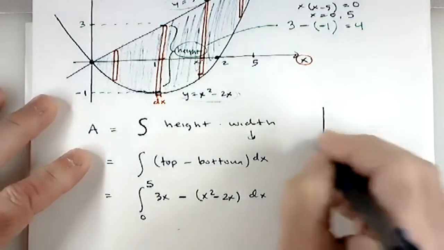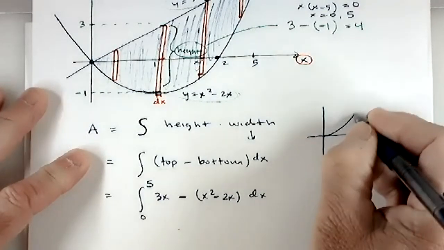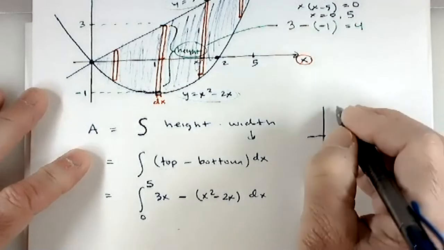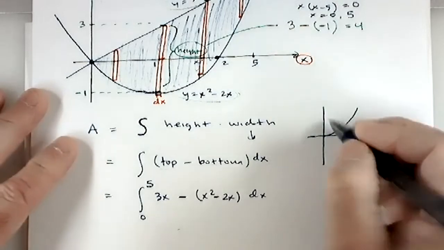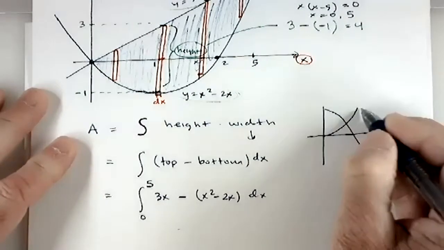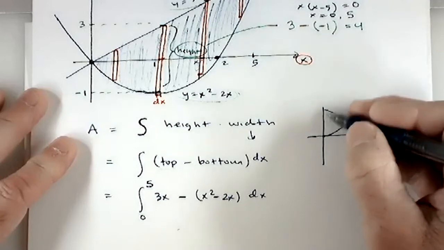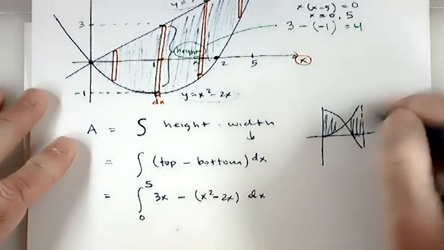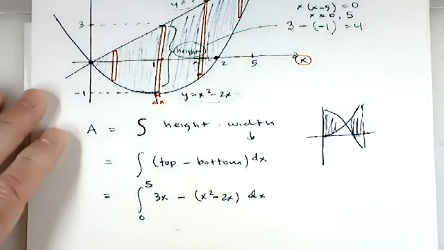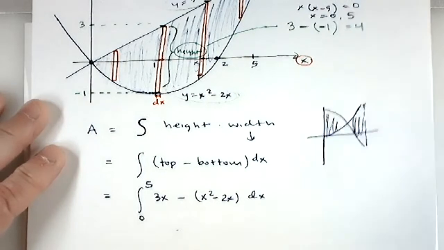Sometimes you have a graph like this and another graph like this, but they want the area not necessarily where they intersect. They want this area and then this area here. So it's not necessarily always where they intersect. We could maybe look at an example like that.